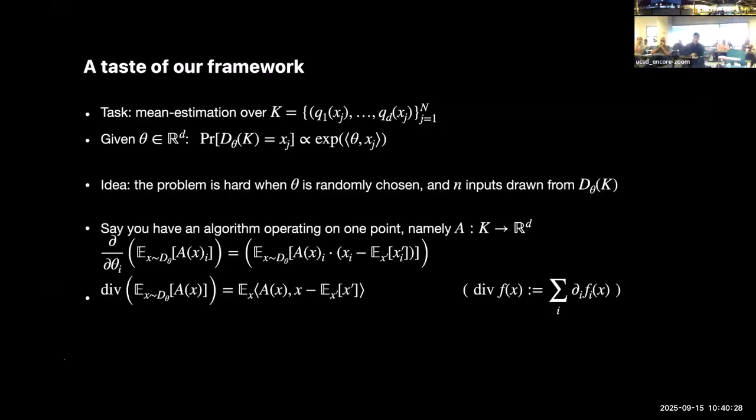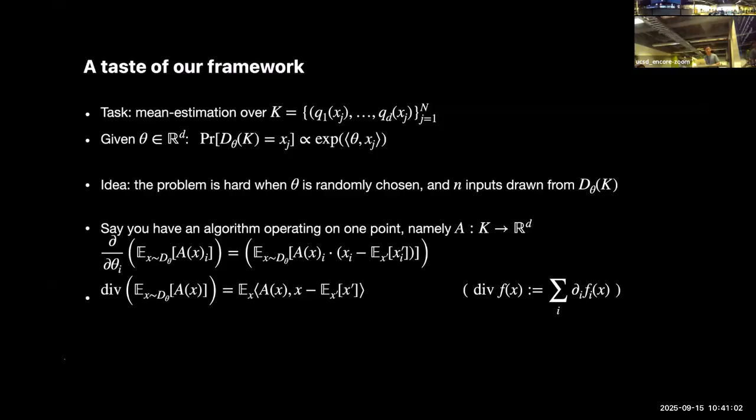A popular definition in calculus is the divergence of a multi-output function, which just sums over all directions i the derivative with respect to theta i of f sub i. If you do that on our function, what you end up getting is the inner product between the output of the algorithm, which, let me remind you, is a t-dimensional vector here, and the bias of the data point with respect to the average of the distribution.